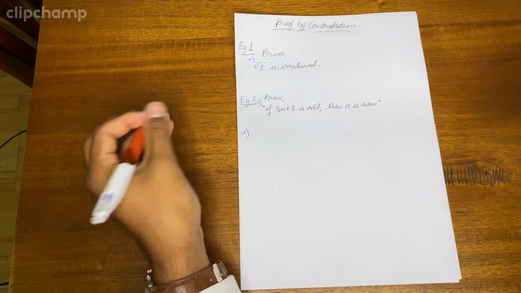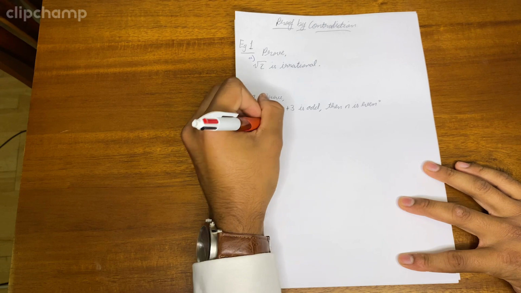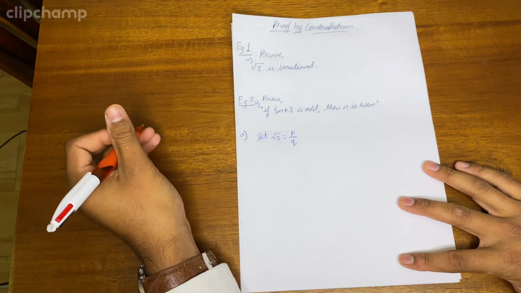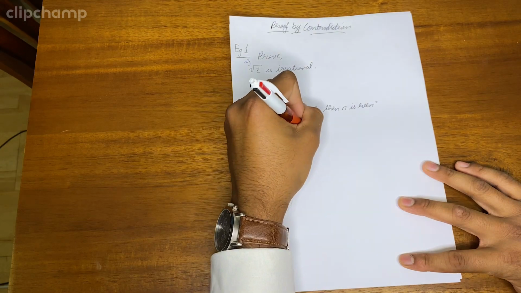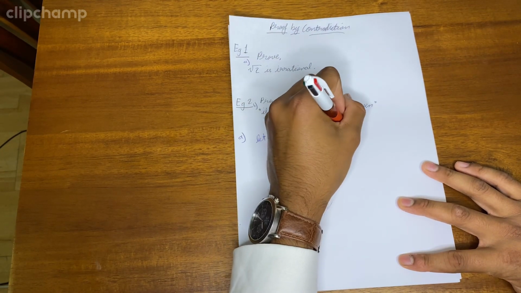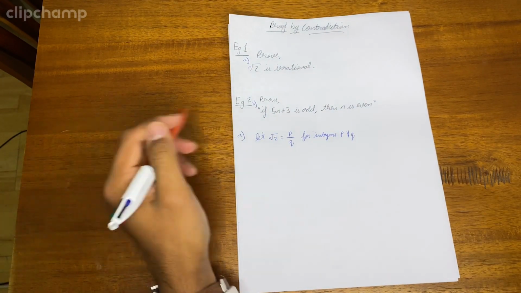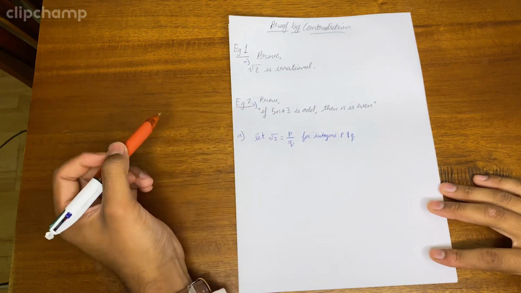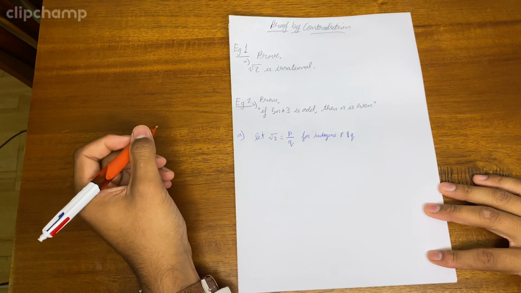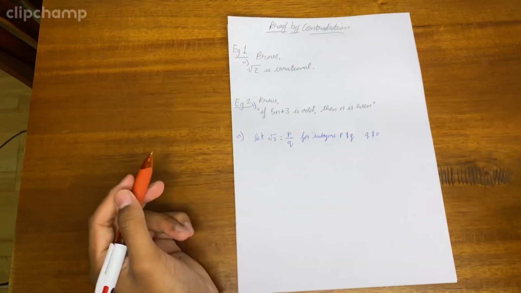So we'll let root 2 equal p upon q, for integers p and q, where p and q have no common factors other than 1, so p and q are relatively prime. Also, q cannot equal 0, or else it's undefined.